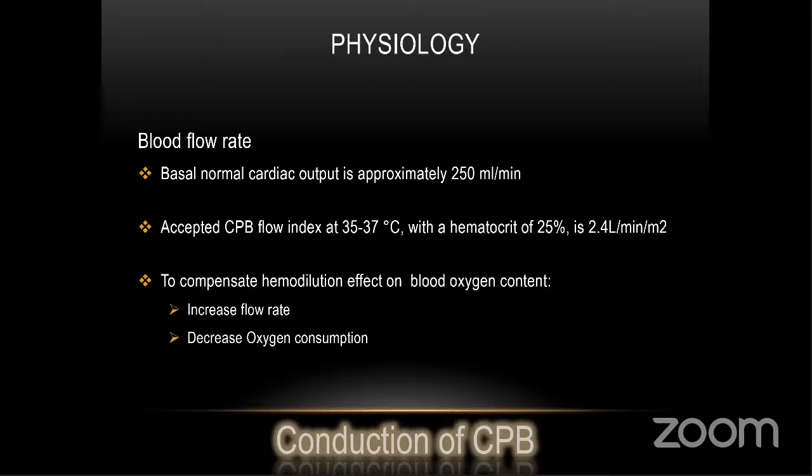Physiology of blood flow through the cardiopulmonary bypass. Basal normal cardiac output is approximately 250 ml per minute, and the accepted cardiopulmonary bypass flow index at 35 to 37 degrees temperature with a hematocrit of 25% is 2.4 liter per minute per meter square.